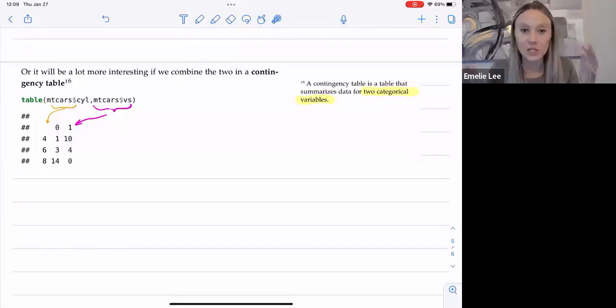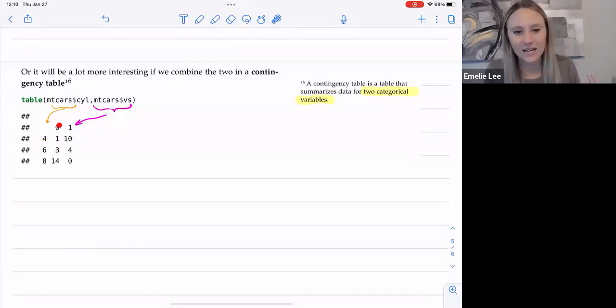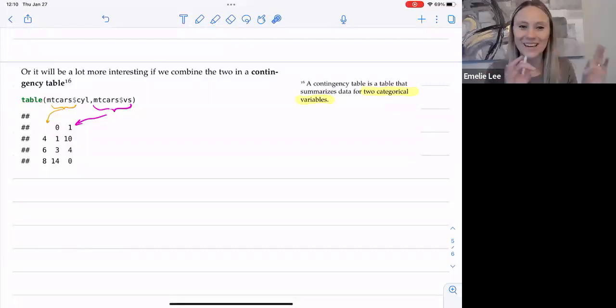So if you wanted to switch these, which is totally fine, then you'd have to switch the order there, right? But it still uses the table command, and all it does is it puts the counts. So there was one car in the data set that had a 4-cylinder engine and a V-shaped engine, right? And then there were 10 4-cylinder engines that had a straight engine, right? And so we can look at the distribution among the categories, right?